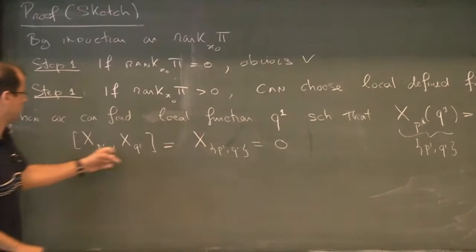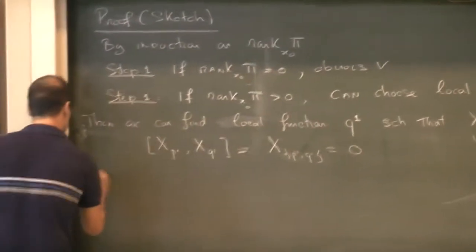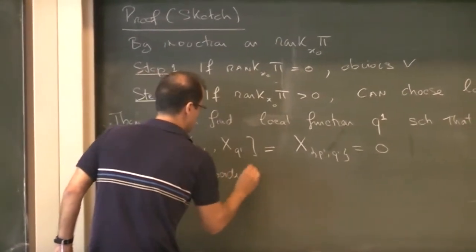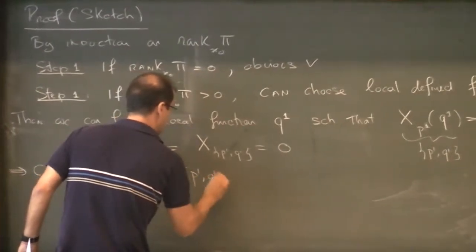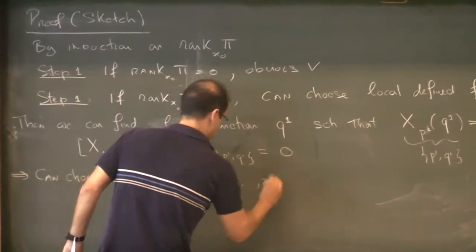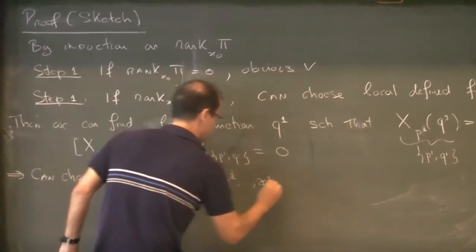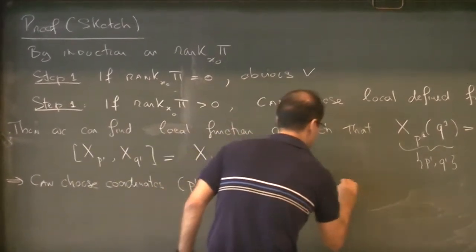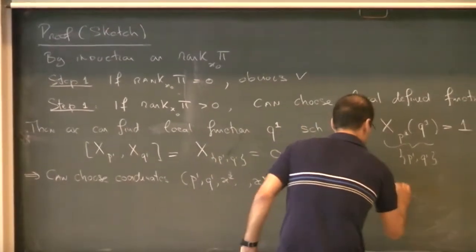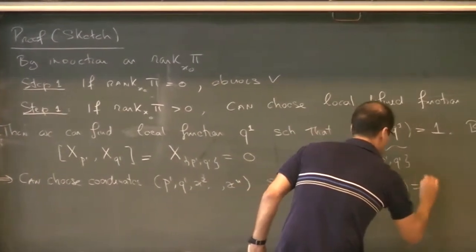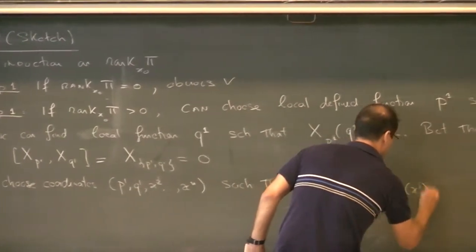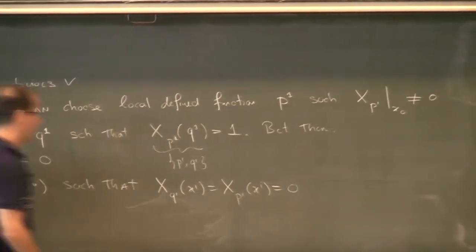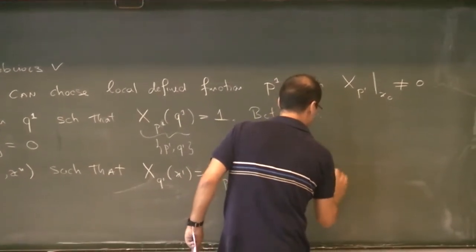So if I have two vector fields that commute and which are non-zero, I can choose coordinates completing these p1, q1, let's call them x2 up to xn, such that these vector fields preserve these coordinates, for i from 2 to n.